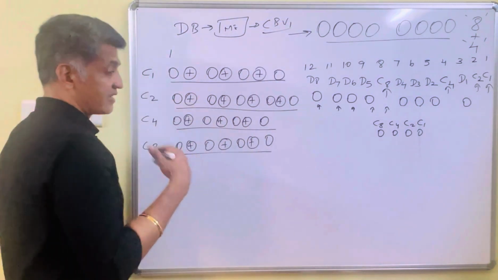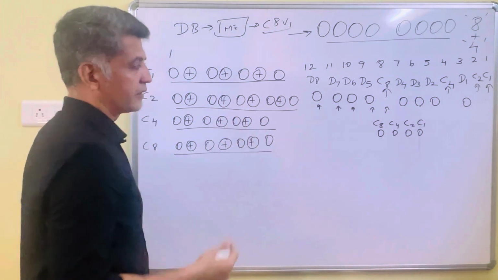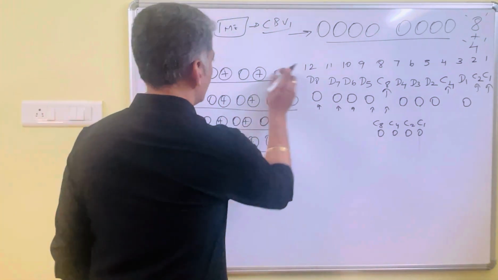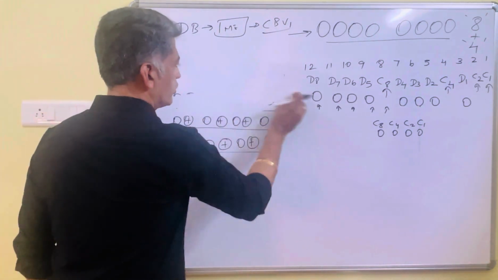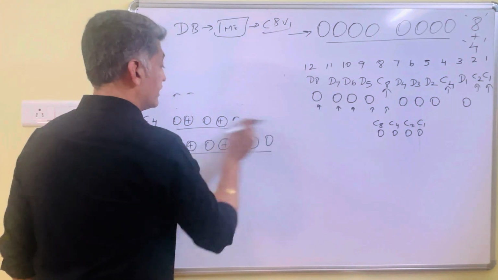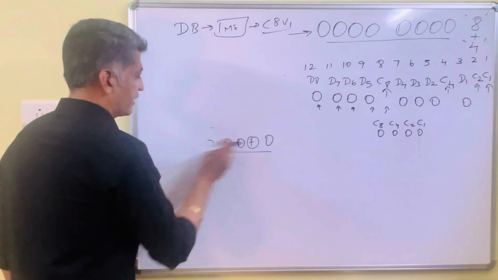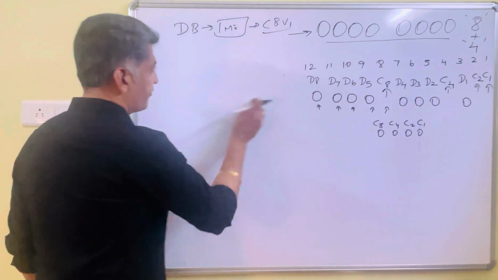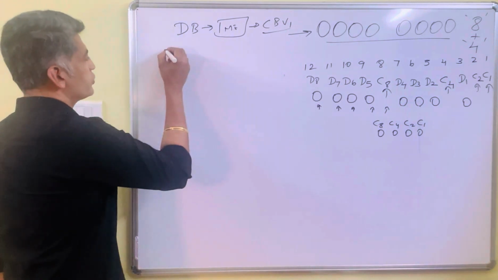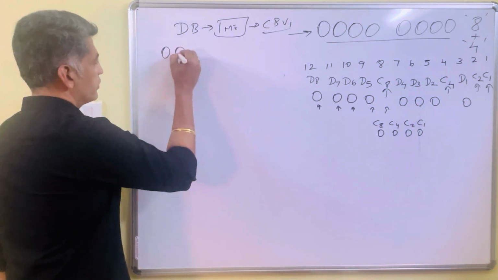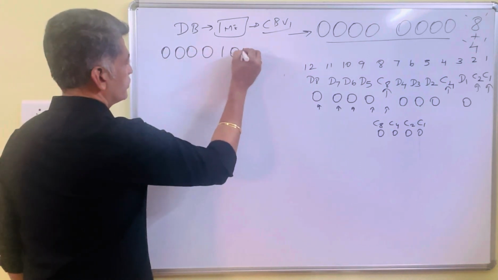Now, for example, if I am going for another one. While I am reading, if there is any error, for example, you just consider this one here. I am going for one more data bit. While I am reading the data bit from the memory, consider that I read 0, 0, 0, 0 and 1, 0, 0, 0.